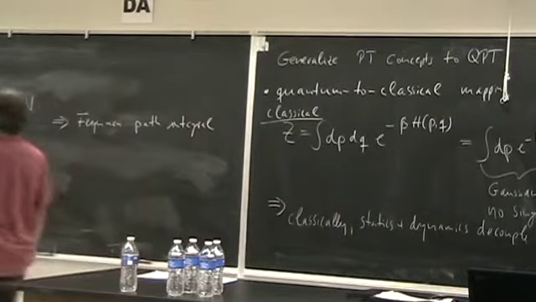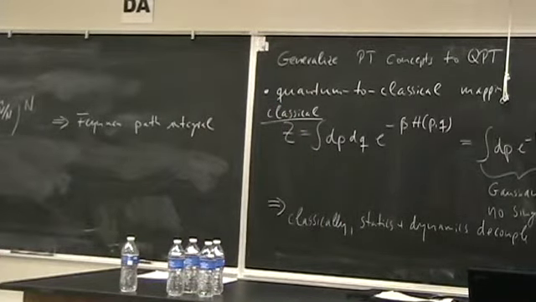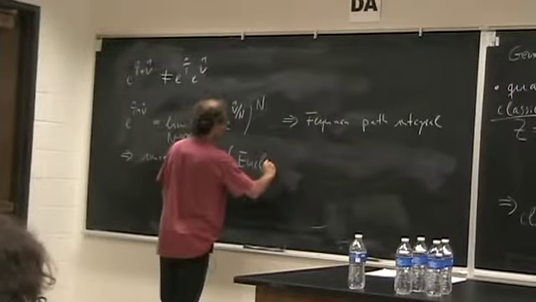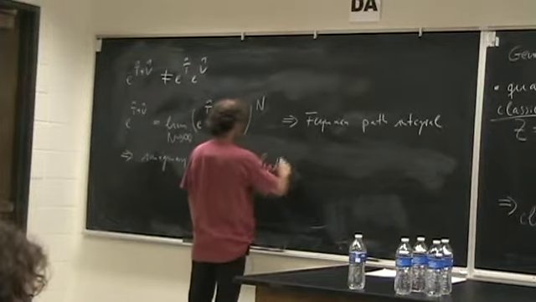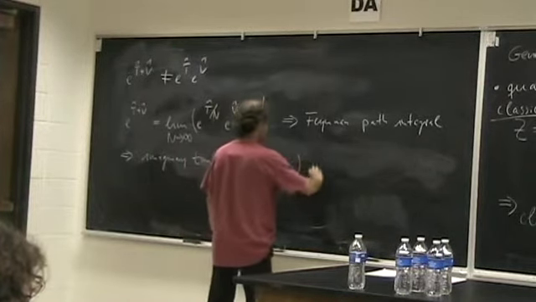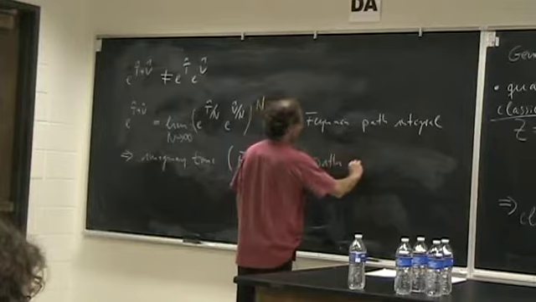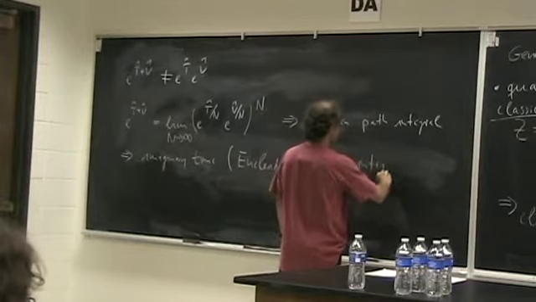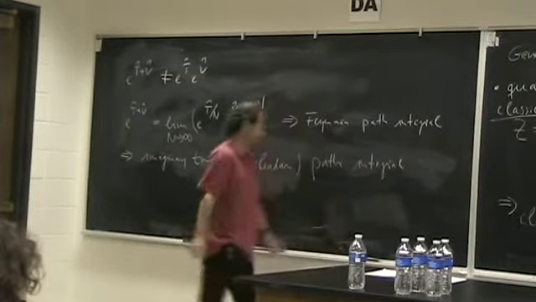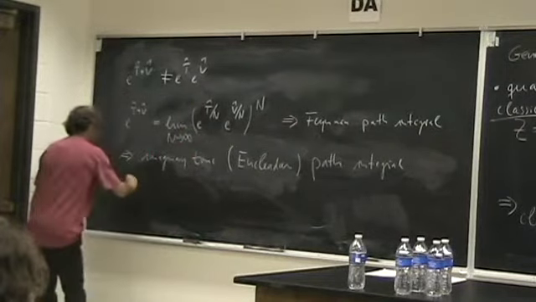Okay? So this leads to an imaginary time, or some people call this Euclidean, path integral for the partition function.